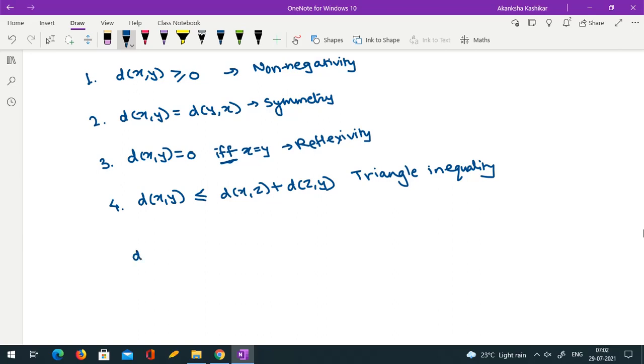In general, when we say something is a distance function, what is the domain and codomain?